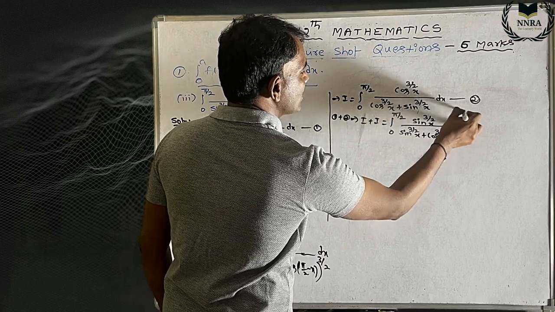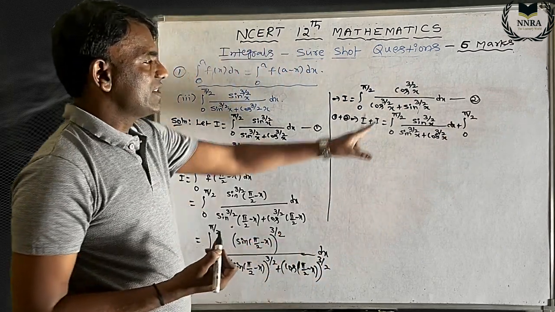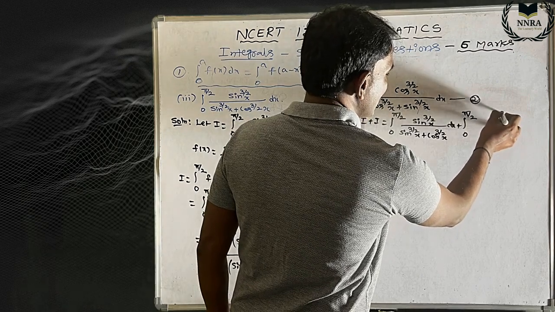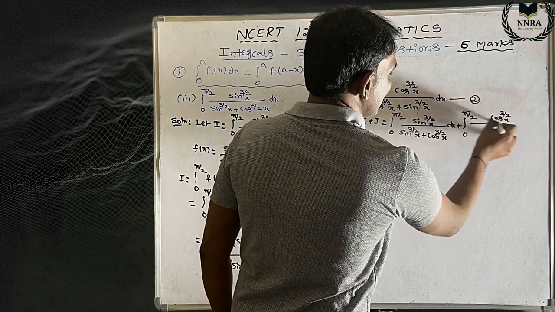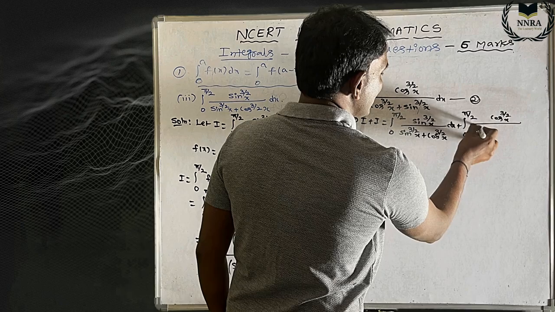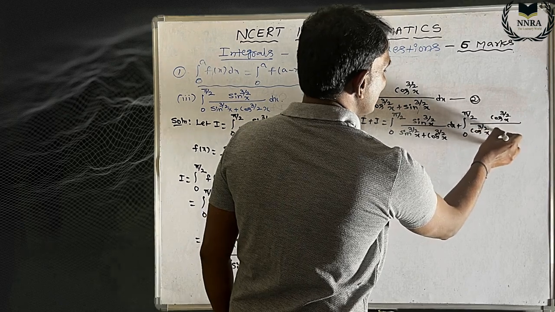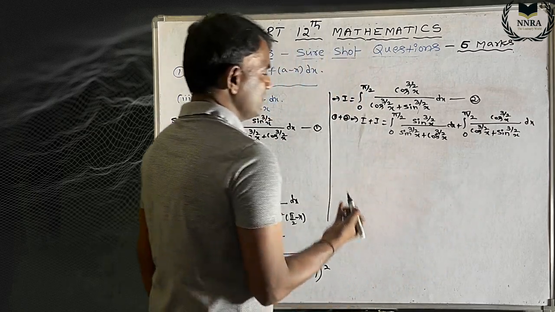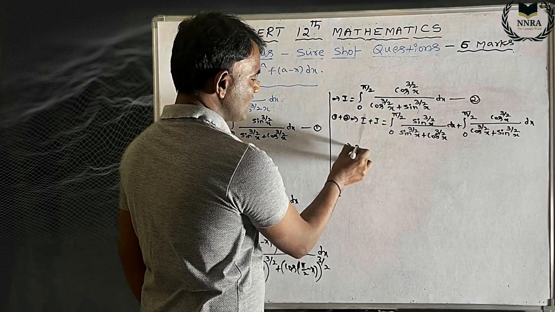Again integral 0 to pi by 2. Now this is the second value, so write that value. Cos power 3 by 2 x in the numerator, denominator cos power 3 by 2 x plus sin power 3 by 2 x into dx. And I plus I means that is 2I.